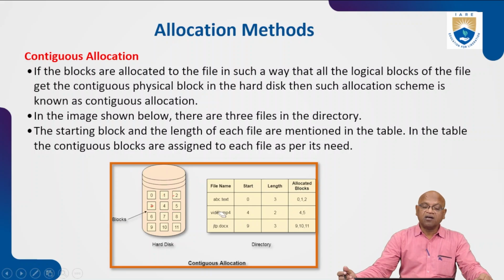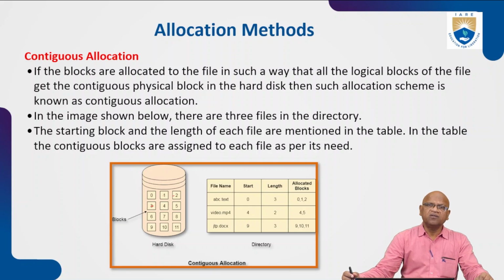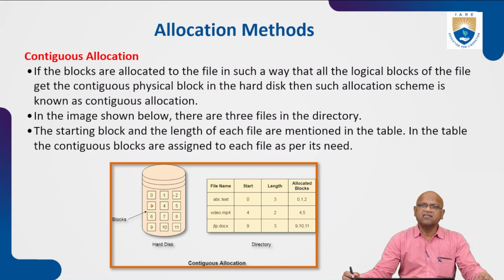If the blocks are allocated to the file in such a way that all the logical blocks of the file get continuous physical blocks in the hard disk, then such an allocation scheme is called continuous allocation. In the image shown below, there are 3 files in the directory. The starting block and the length of these blocks are mentioned in the table.